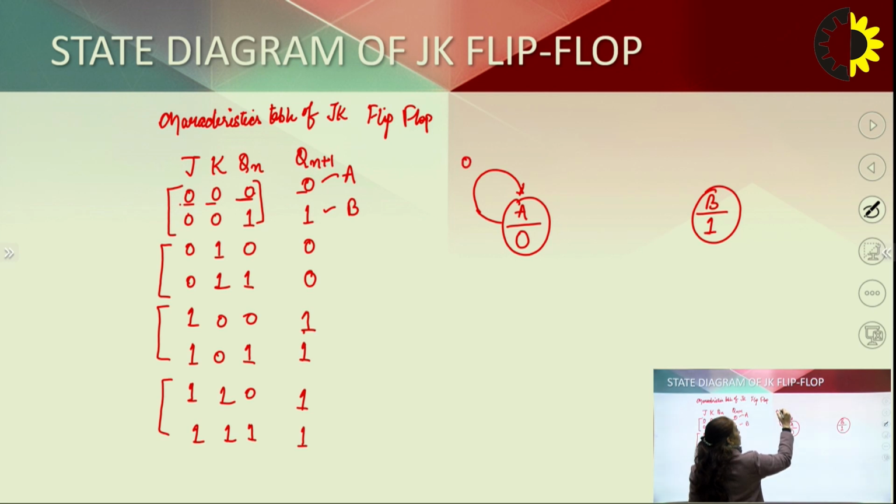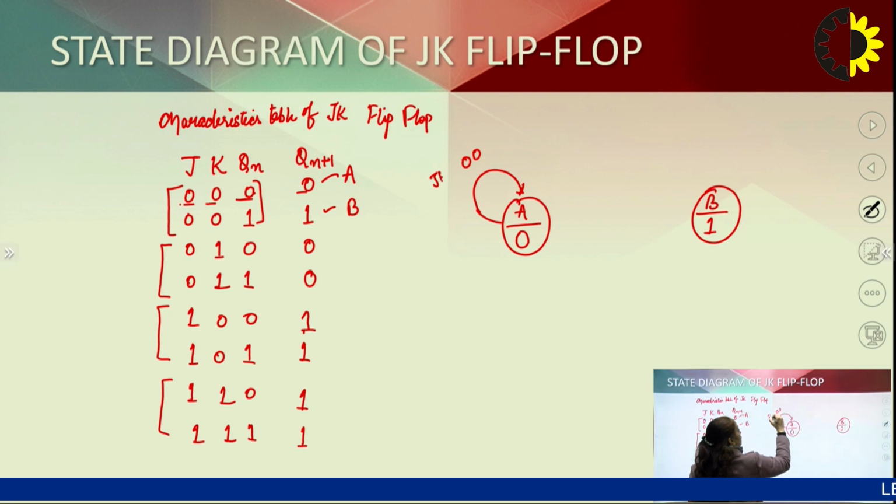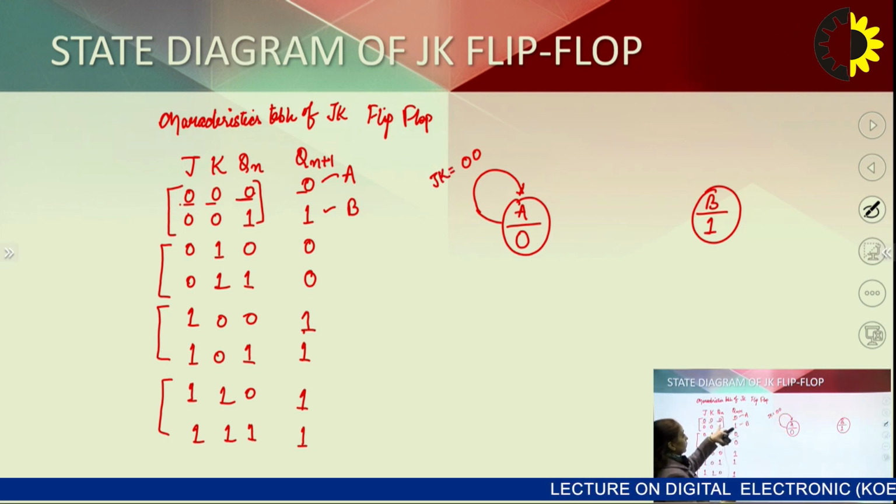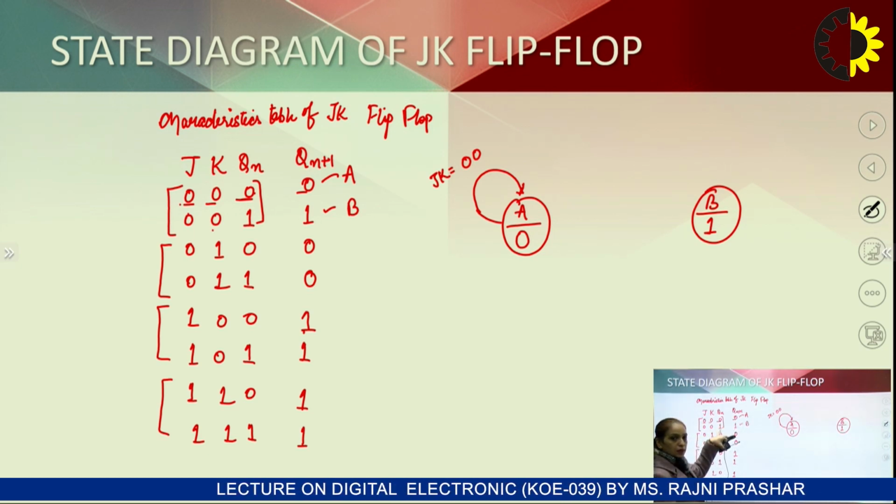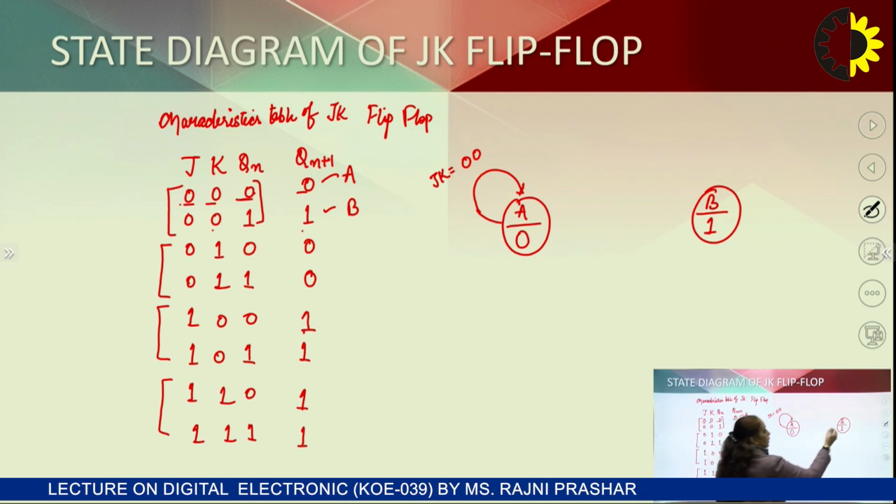This is JK equal to 0 0, so it will remain in 0 state. When the value is 0 0 and the previous state is 1, it will remain in state 1.